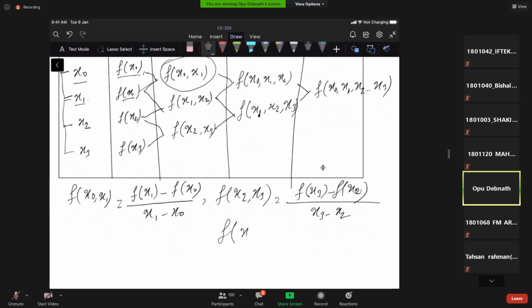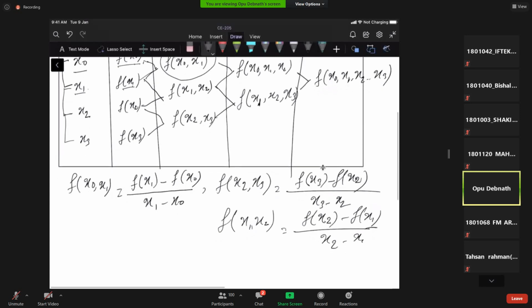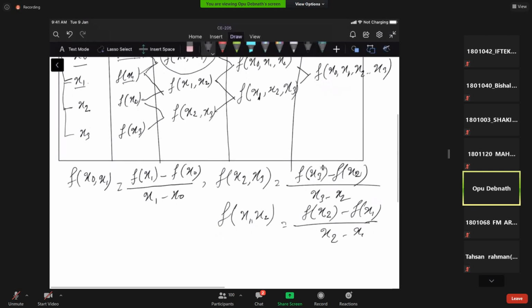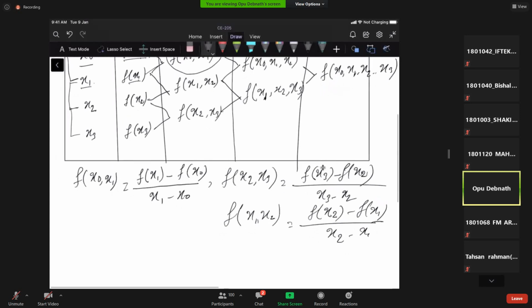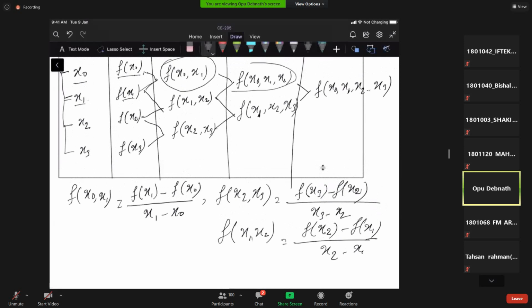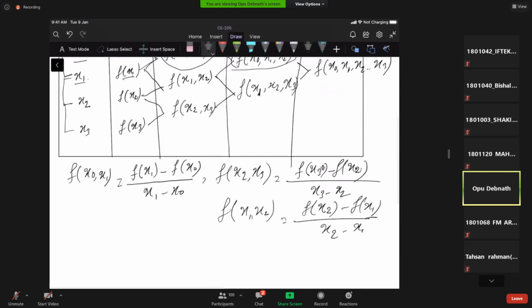In parallel, for x1, x2, this is also function of x2 minus function of x1 divided by x2 minus x1. Only mathematical operations. Now if you go for the second difference, the function of x0, x1 and x2, how to calculate this?